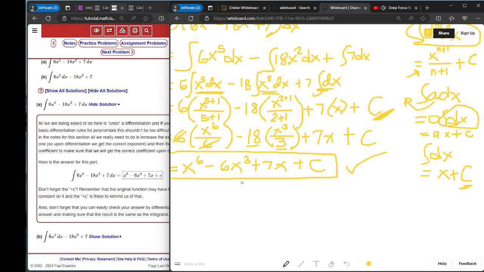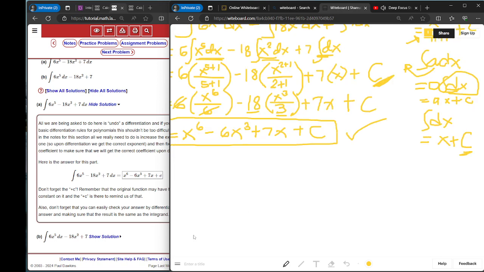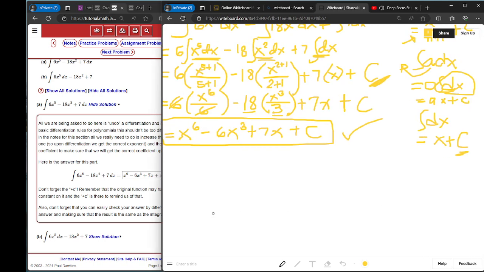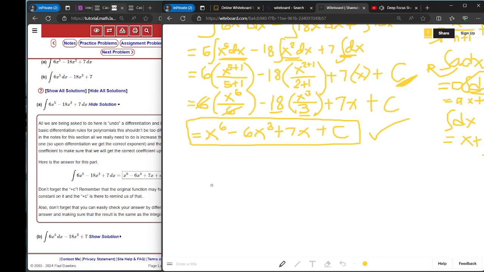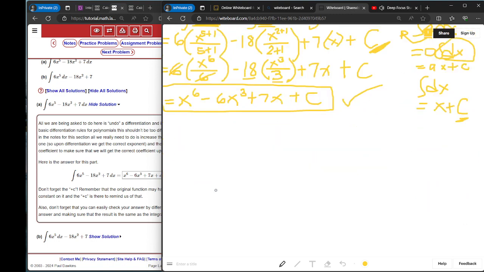So let's try this. So let's move. Okay. So let's solve number 1b, sorry. Erase. Then that's 1b.